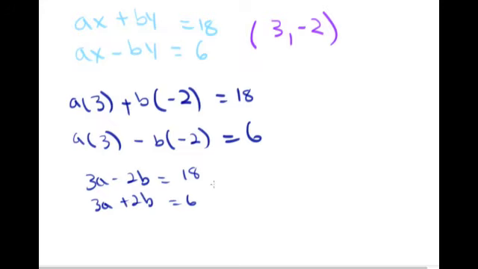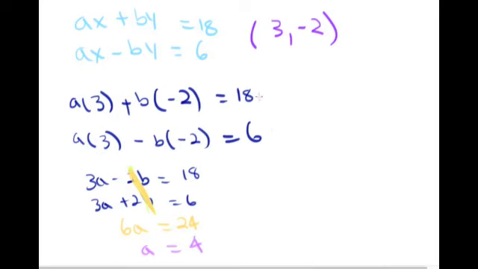So since we have this, we can just use the addition and subtraction method. So we can cancel these out, and we get 6a is equal to 24. So a is equal to 24 divided by 6, which is 4.